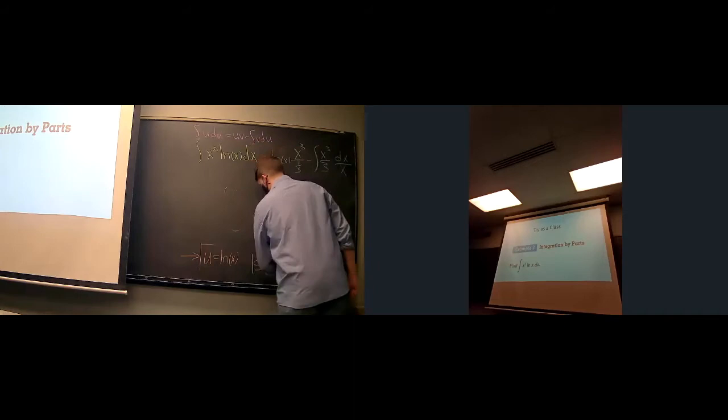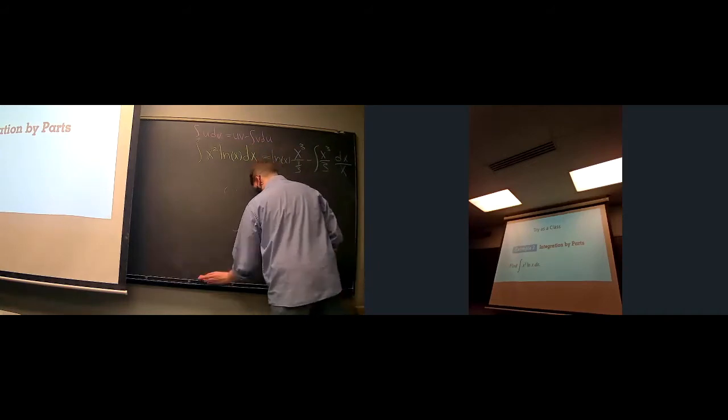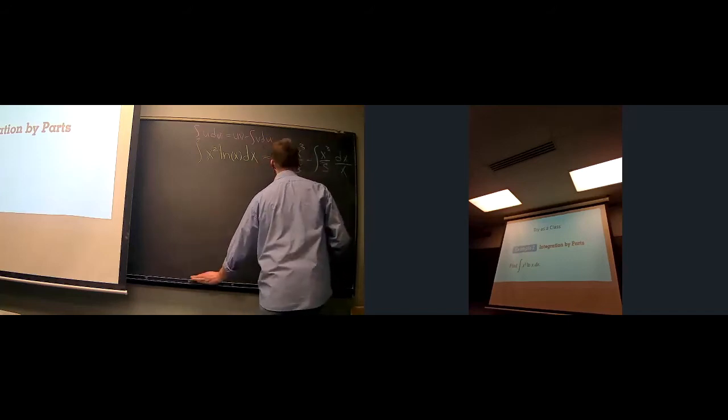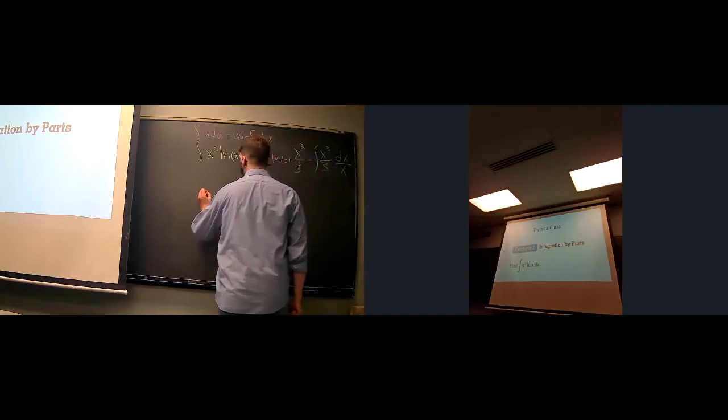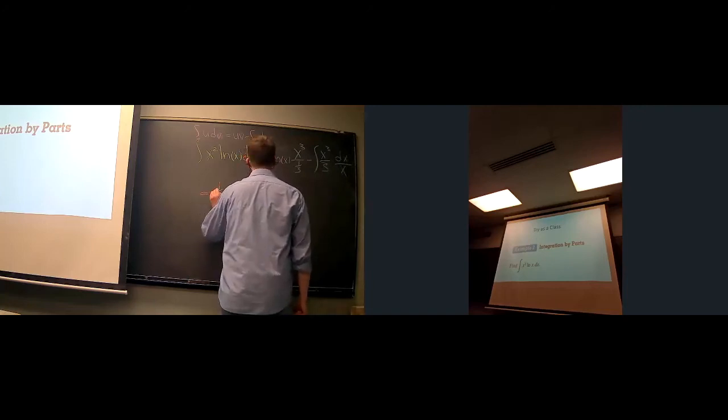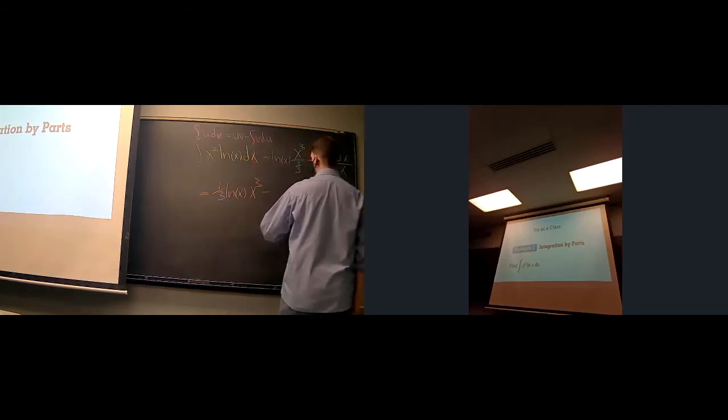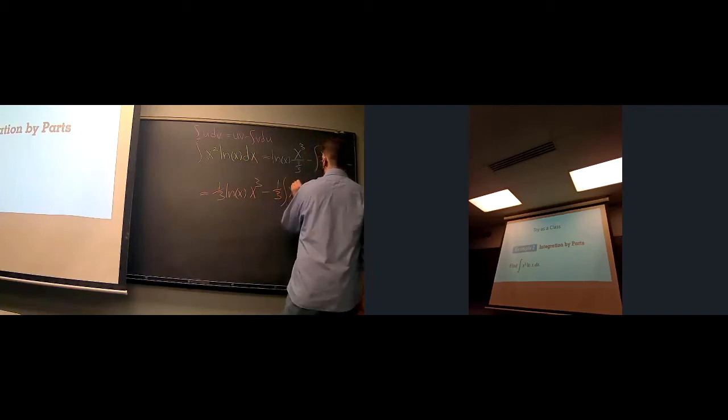Now I'm going to erase all of this to make room. From this point on, it is just about simplifying and integrating. So this comes out to be 1/3 the ln of x cubed minus 1/3 the integral of x squared dx.